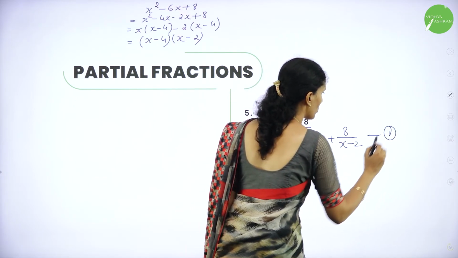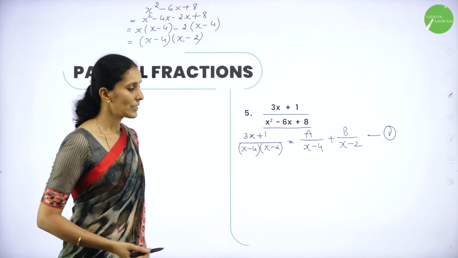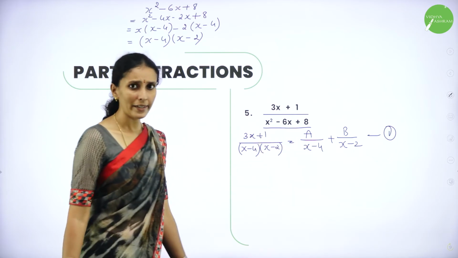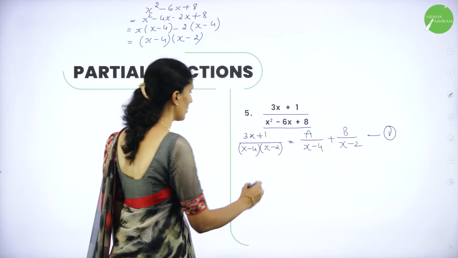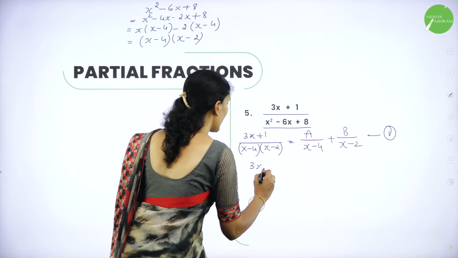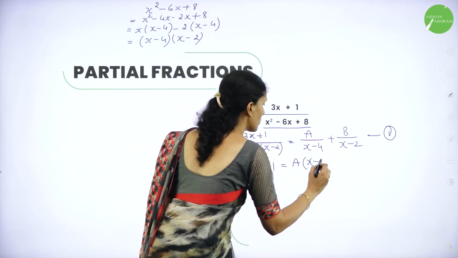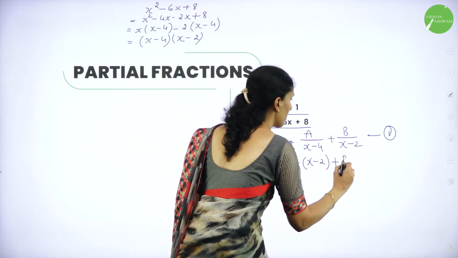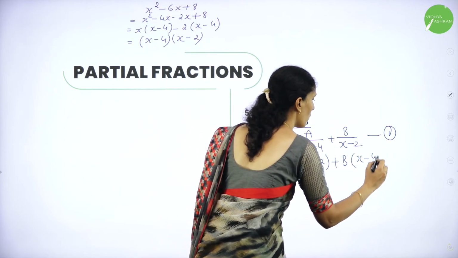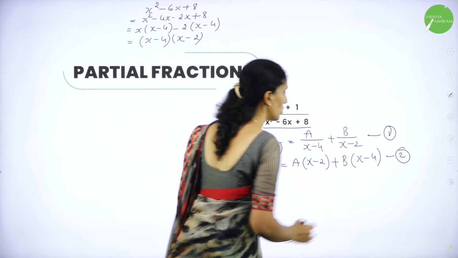Take this as equation 1. So now take LCM on your right hand side and equate the numerator. So you will get 3x plus 1 equals a into x minus 2 plus b into x minus 4. Take it as equation 2.